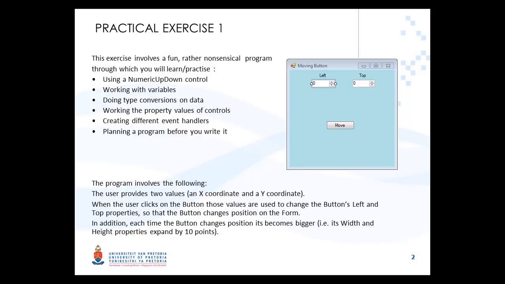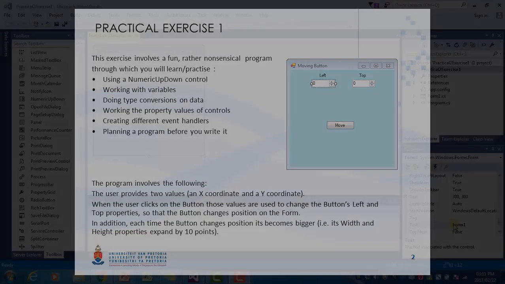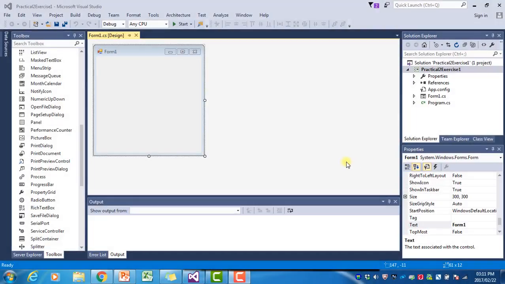So every time we click on the button, it will move to the location specified by the two values in the left and top numeric up-down controls. So you will learn a few new types of controls, new properties, and a new event handler as well. So let's write the program.